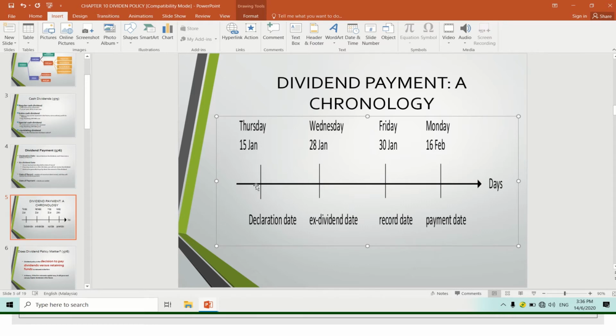So automatically there is a demand for the Hub Seng stock. That is why, starting from the announcement date until the ex-dividend date, the share price will rise. Why? Because investors are eager to buy the Hub Seng stock. Why do they want to buy it? Because they want to get the dividend.